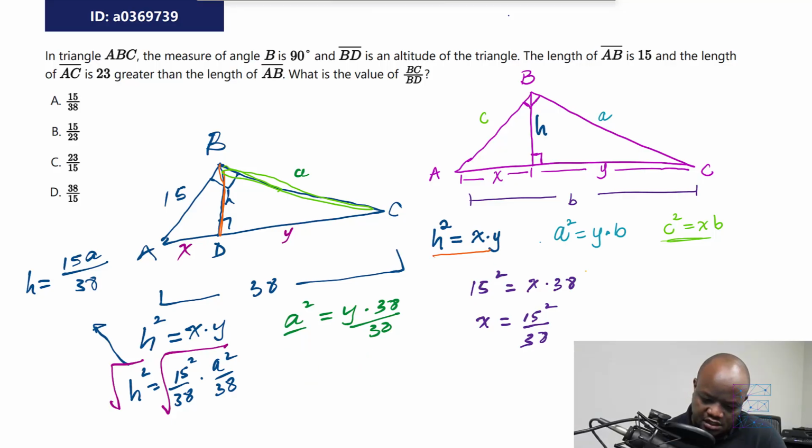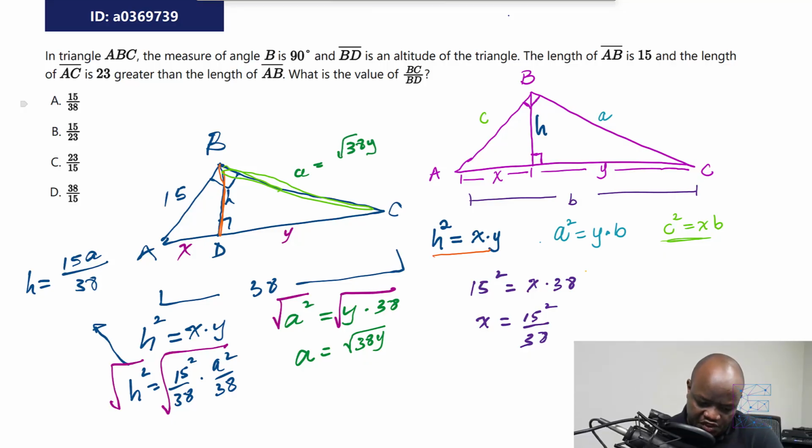So let's see. If we have a squared equals y times 38, to solve for BC, which I renamed to a, we just need to square root both sides. So we end up having a equals the square root of 38y. So this here is the square root of 38y, and that's BC. And then h was 15a over 38.